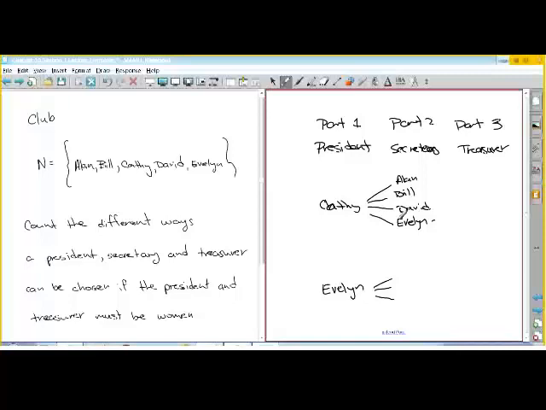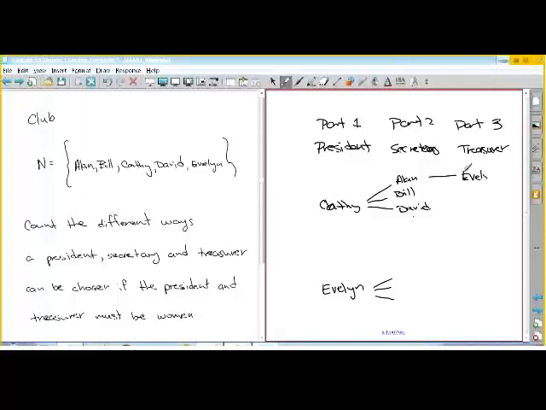So if I choose Evelyn as secretary, then there's nobody left over to choose as treasurer, which has to be a woman. So that's why I can't include Evelyn, because she's needed for the next position. So I'm going to erase Evelyn because that doesn't work.